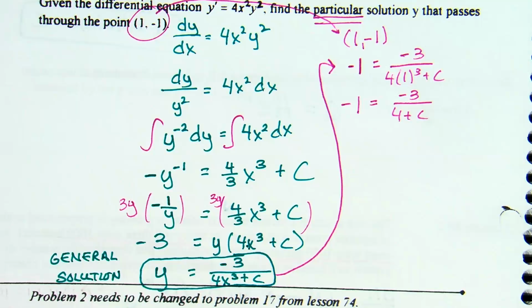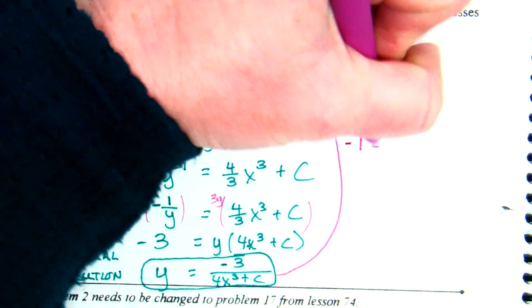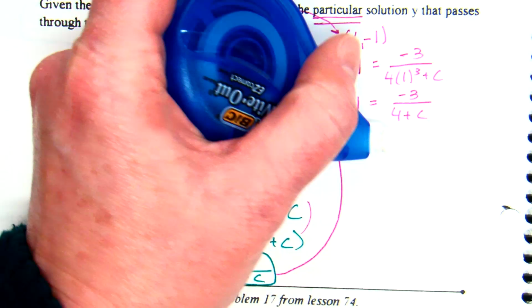To get 4 plus c out of the denominator, I would multiply by 4 plus c. And now that we're working with values, I am actually going to multiply the c by the -1.